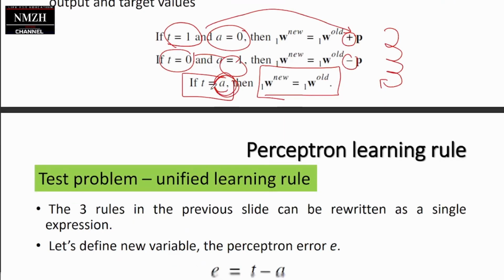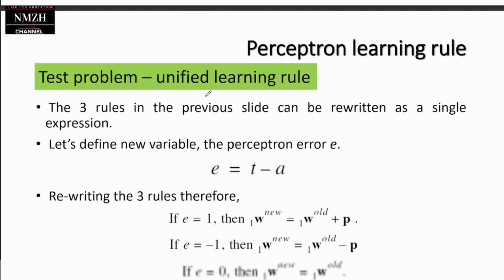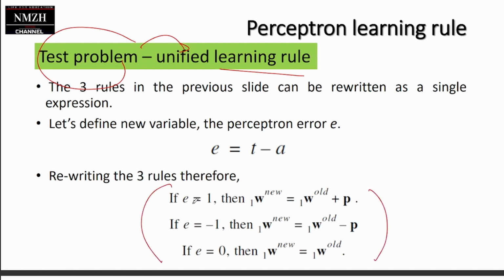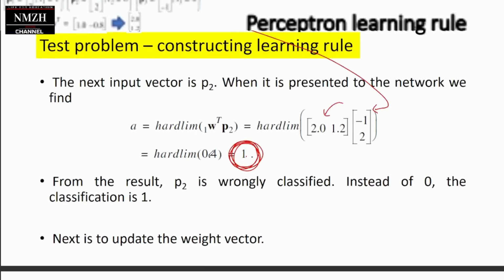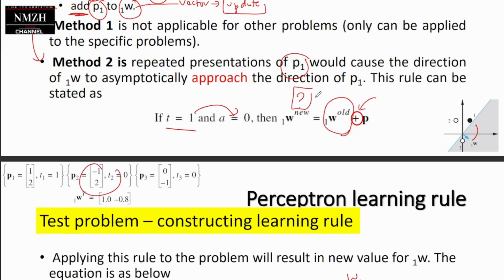Okay, so for this reason we could conclude that the test problem over here is to unify the learning rules. So the three rules in the previous slide can be written as a single expression, whereby we have these three rules over here. So E, t minus a, right?